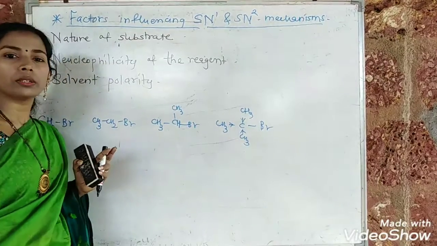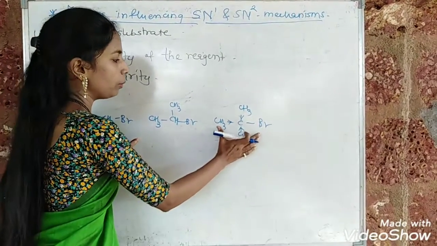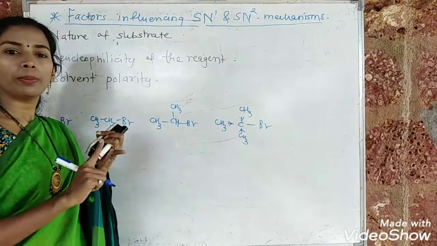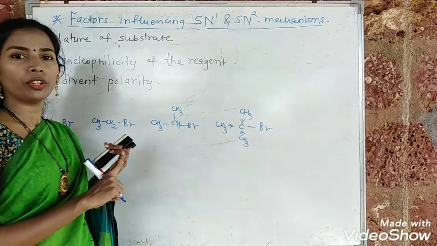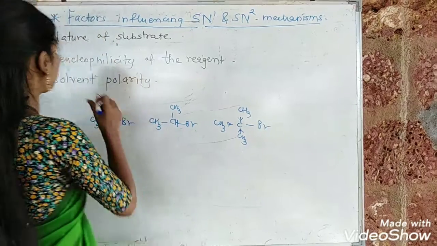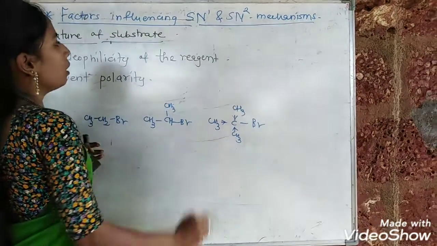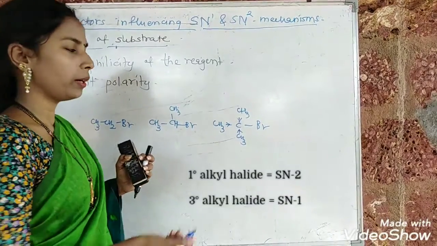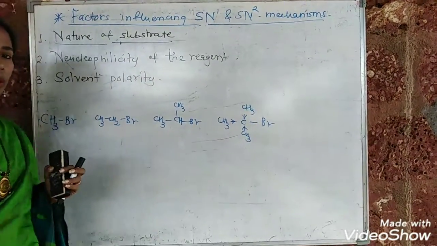So these are the two reasons behind the high stability of the tertiary carbocation: one is the plus I effect of bulky groups, and second is the hyperconjugation effect. So the substrate must be a primary alkyl halide for the SN2 mechanism and tertiary for the SN1 mechanism.